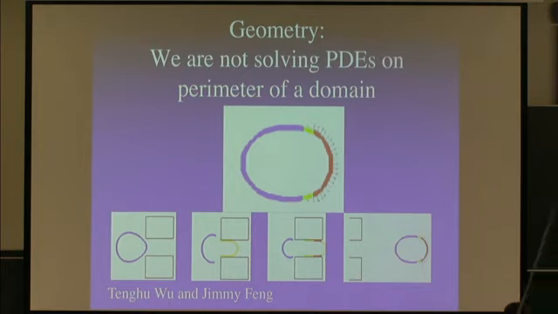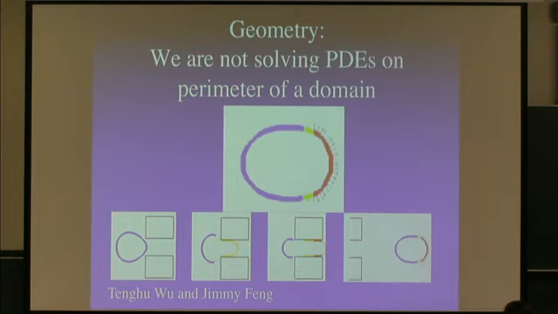Jimmy's here this week. What they do is they actually model the chemistry on the perimeter of a domain. In this particular case, the cell was basically flowing into a slit and became activated as a result.